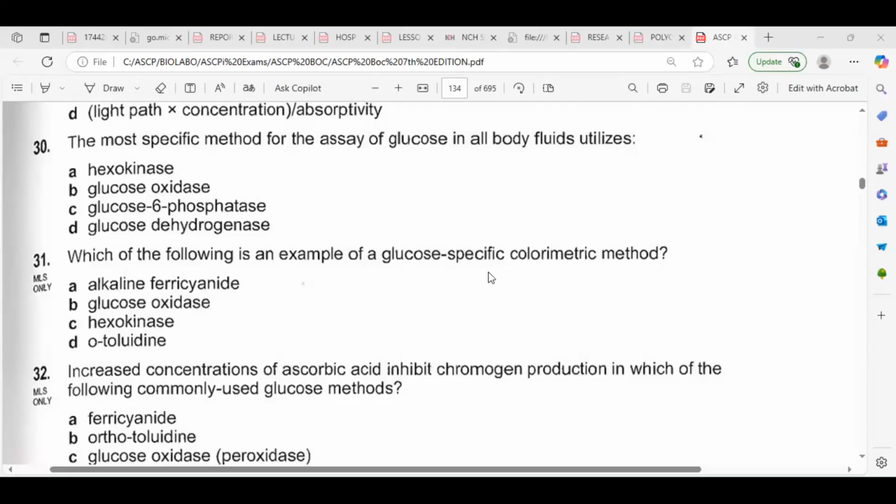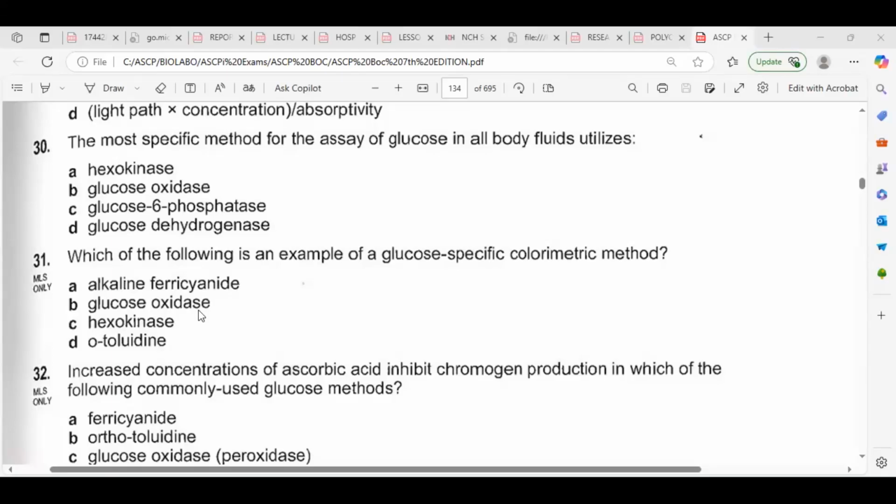The glucose-specific method is glucose oxidase, but not hexokinase, because hexokinase can also be applicable for other hexose sugars, other reducing sugars like fructose and so on.